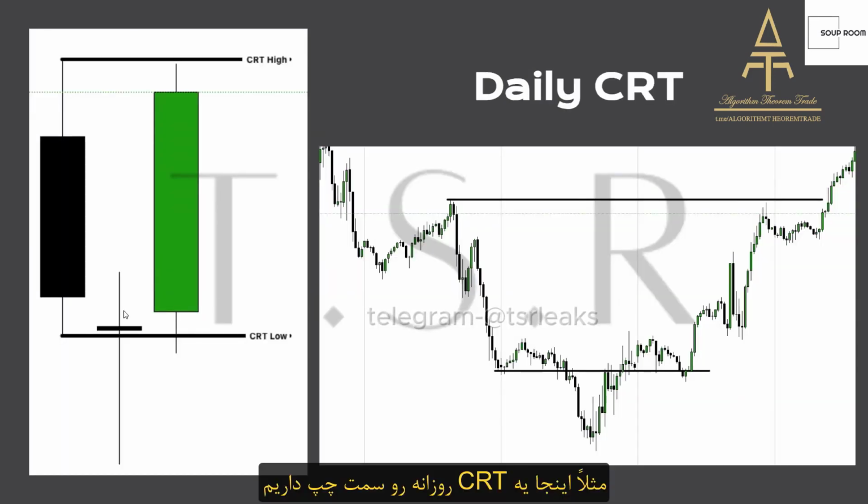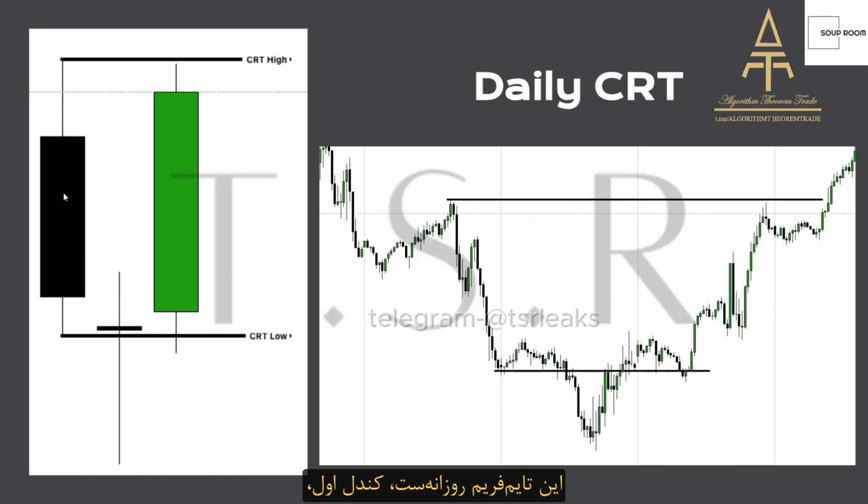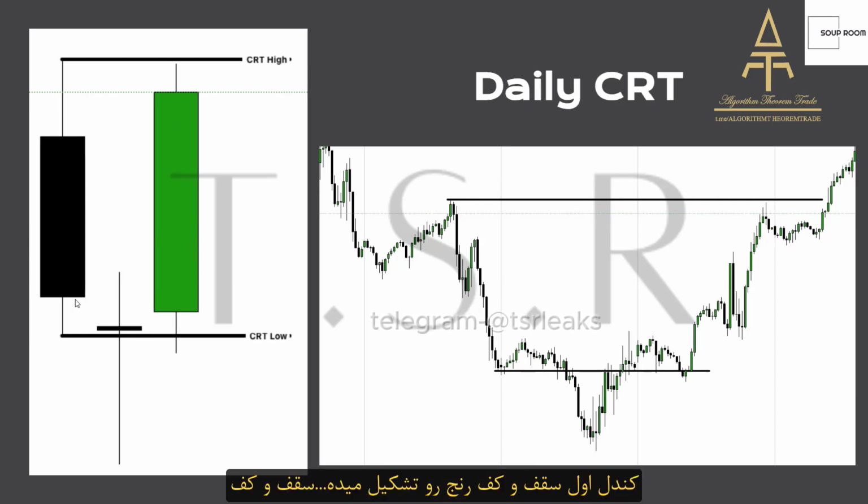Here, for example, we have a daily CRT on the left. This is the daily time frame, candle number 1, candle number 2, and candle number 3. Candle number 1 forms the range high and low.